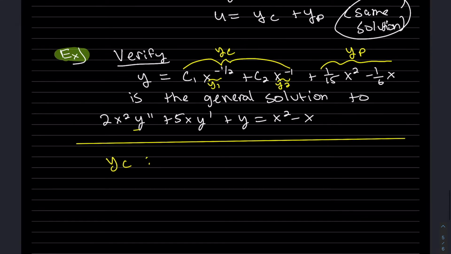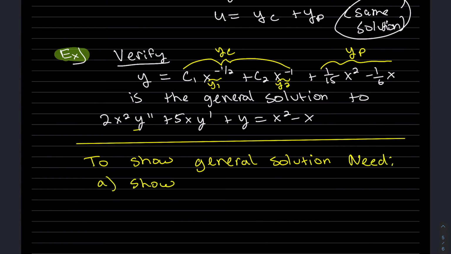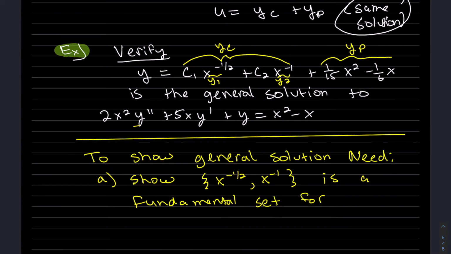So let's write that out. To show general, our two solutions are x to the 1/2 and x to the minus 1, and we need to show that this is a fundamental set for the corresponding homogeneous equation, which is this equaling 0.